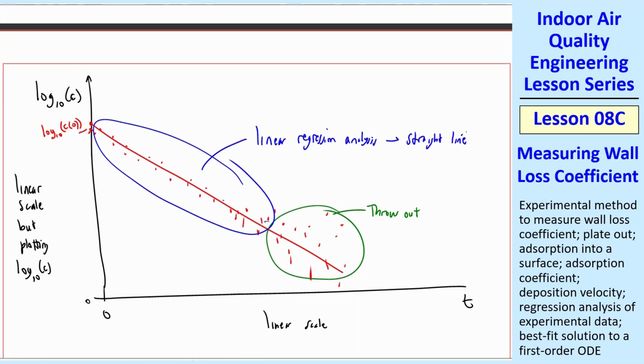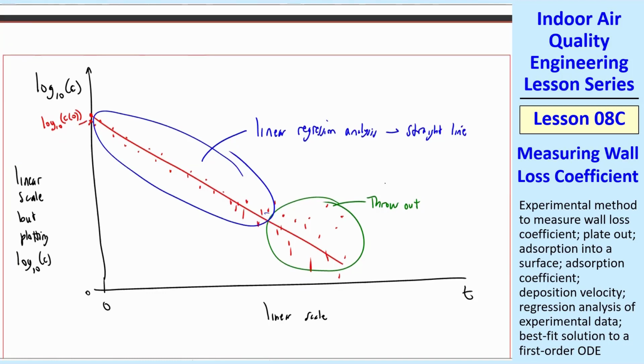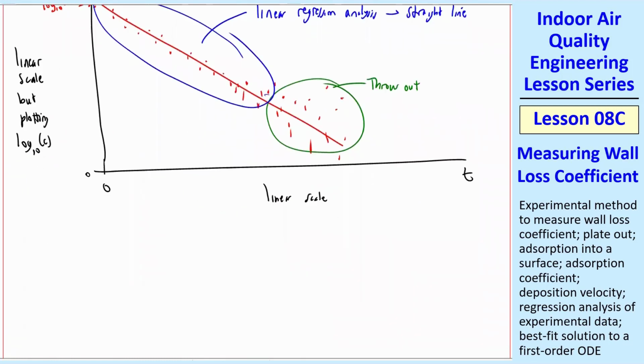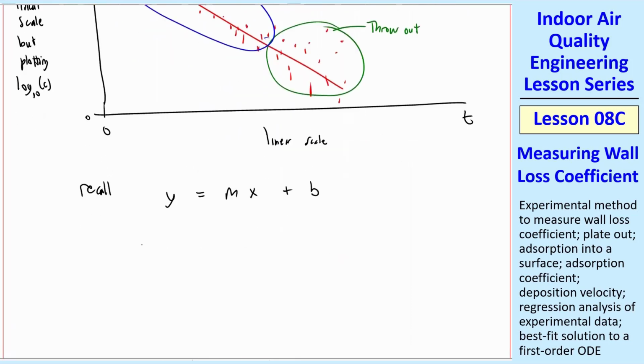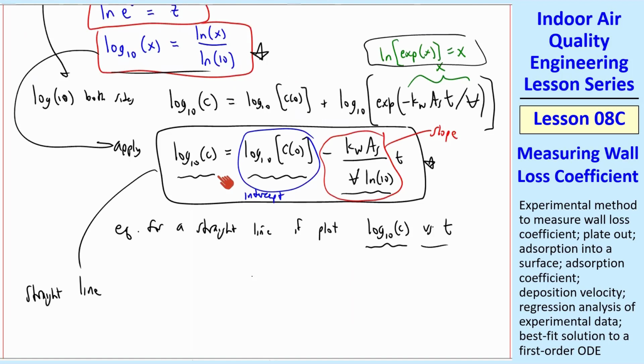Do a linear fit, a polynomial of order 1, which is linear. And so you can see that this is a straight line, and recall from high school math that y equals mx plus b is our standard equation for a straight line. And here our equation is this equation that we have up here.